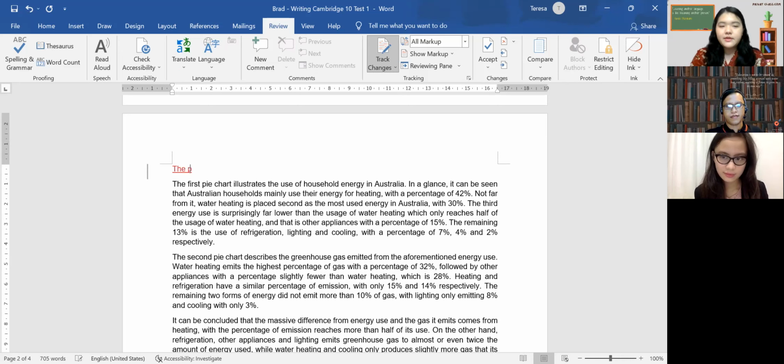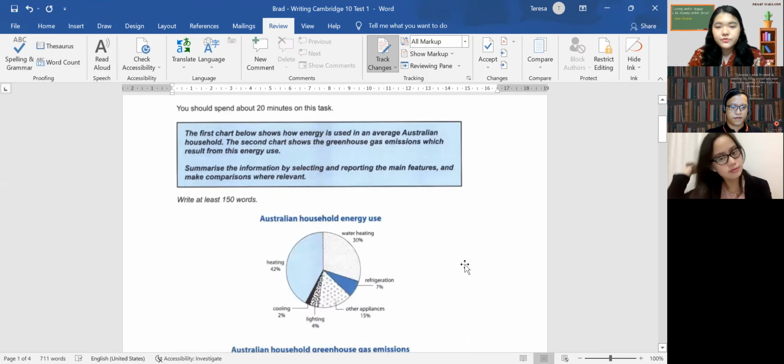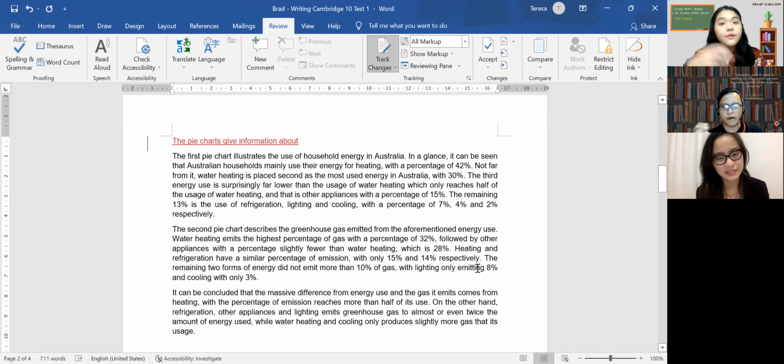So you can perhaps say the pie charts give information about. A sentence that summarizes both pie charts, yeah? Yes. So it's a general introduction instead of one for each paragraph. That's what's missing here. And that can cost you for the task achievement. Yes. Because the structure is not complete.